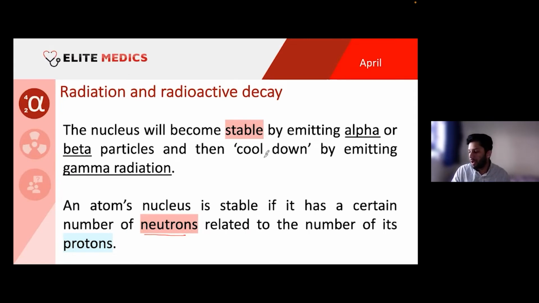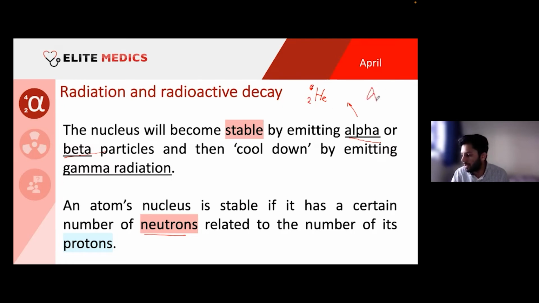Super. So yes, remember, we will emit an alpha particle or a beta particle. For those of you that are already curious and don't want to wait until later, an alpha particle is what we would call just a helium nucleus. So it's a helium nucleus essentially, which is basically just 2 protons and 2 neutrons. So we'll have a mass number of 4, an atomic number of 2.